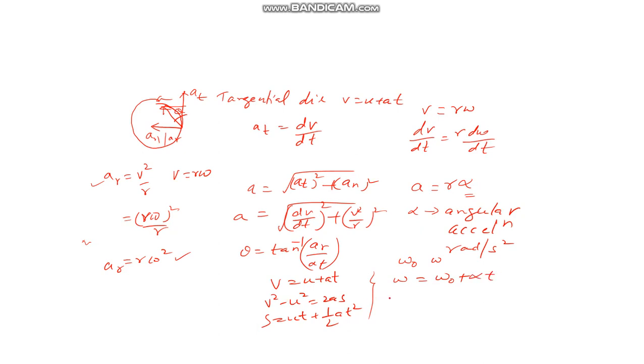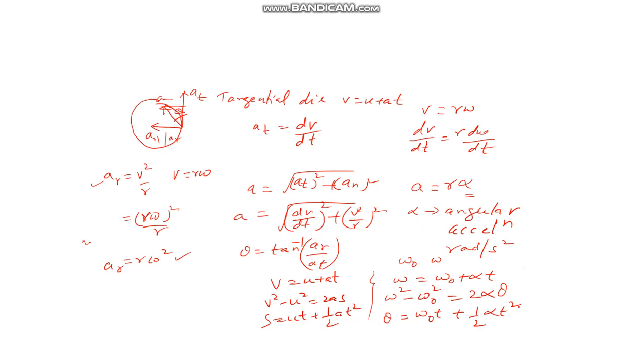Similarly in this equation it will become omega square minus omega naught square is equal to 2, in the place of a you have to write alpha, and because you are talking about angular displacement here, displacement will be theta. And the third equation will become theta is equal to, in the place of u you have to write omega naught, t will remain t only, plus half alpha t square.